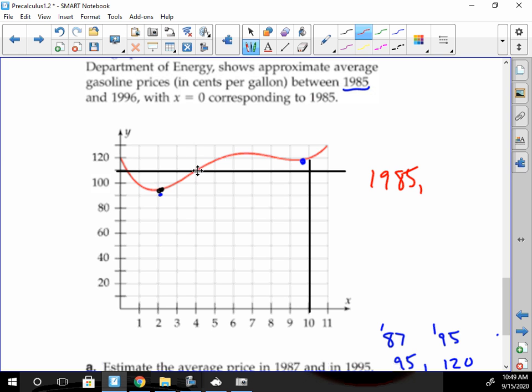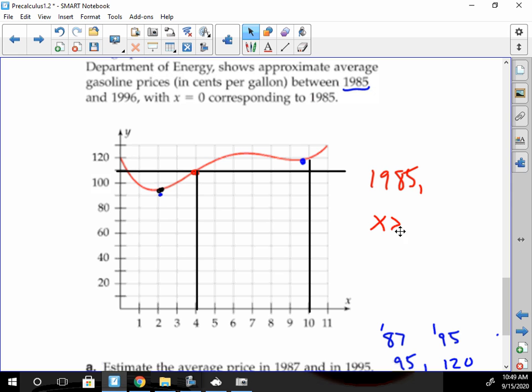And then if we look here, that's when it crosses that line again and goes above it. So that would be 1989, going on forever. So that would be x greater than or equal to 1989.